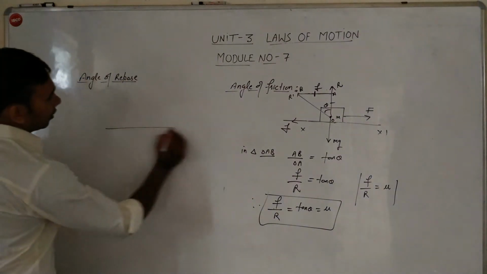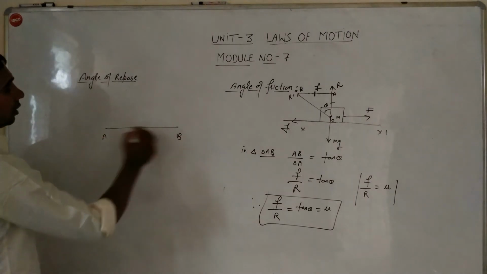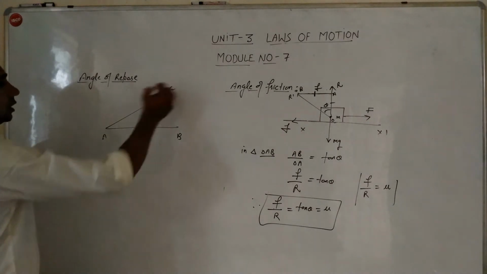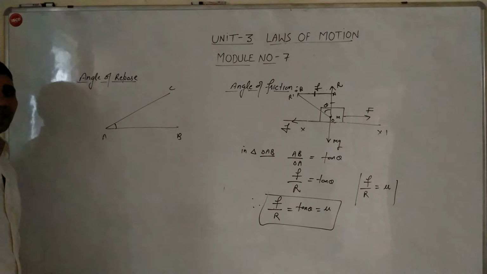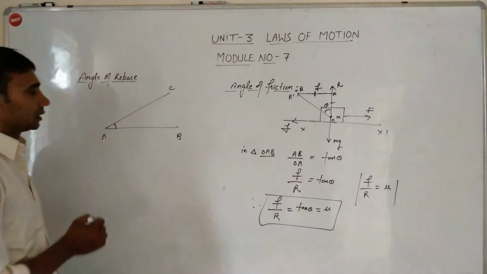This is the horizontal surface AB. This is the inclined surface AC. This angle is made by the inclined surface with the horizontal surface.